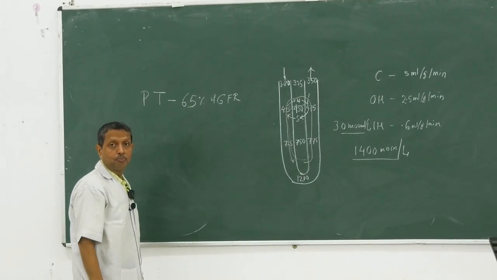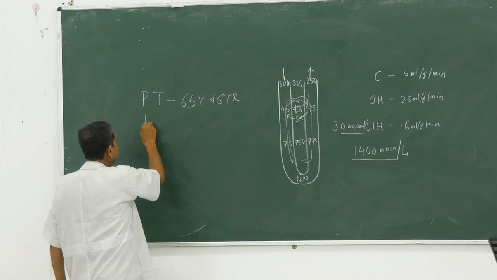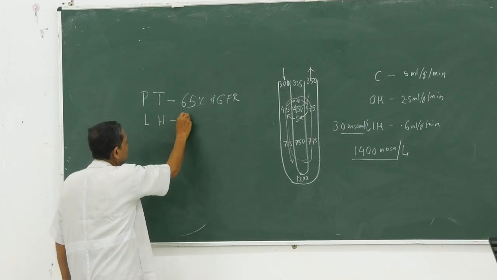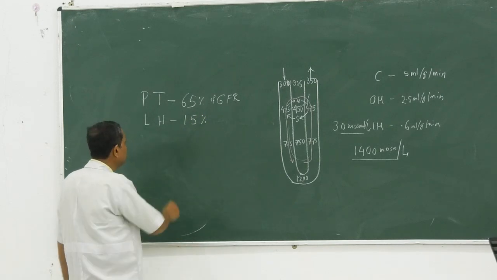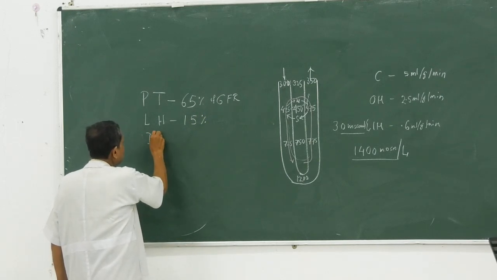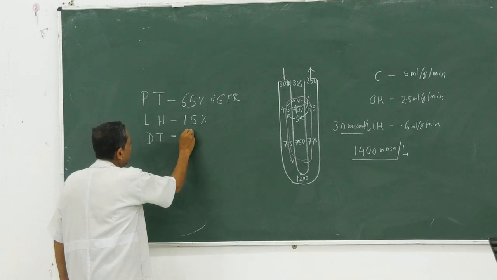In the loop of Henle, it is 15%. In the distal tubule, it is 5%.